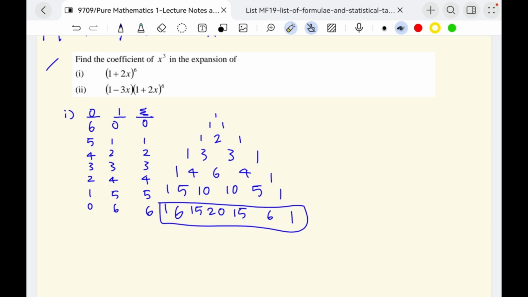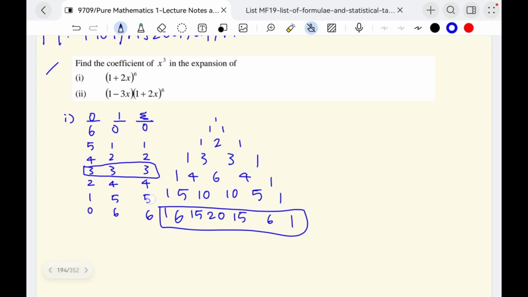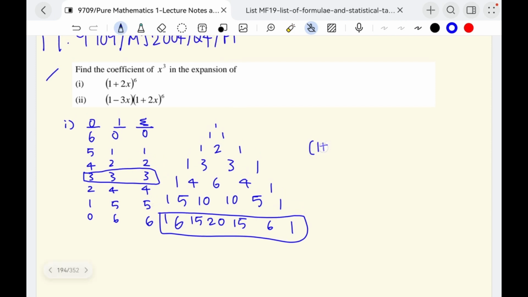Since it wants x cubed, where do we get the degree of 3? We bracket this one because the sum of the degrees is 3 here, for r equals 3. Write down the workings over here. (1 plus 2x) to the power of 6 is equal to 6C3 times 1 to the power of 3 and 2x to the power of 3.